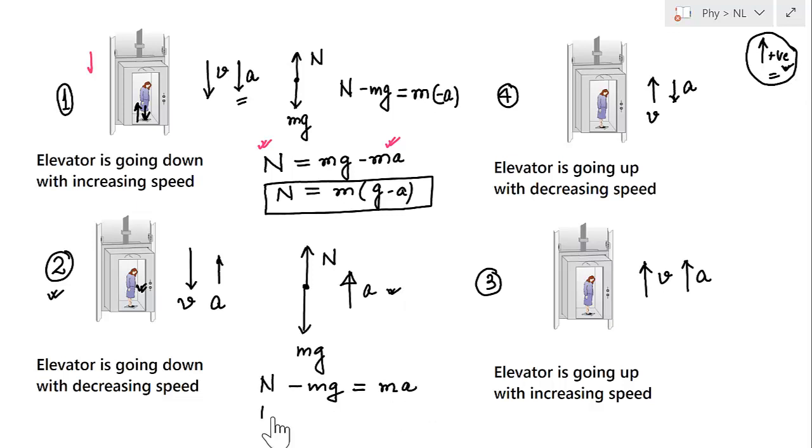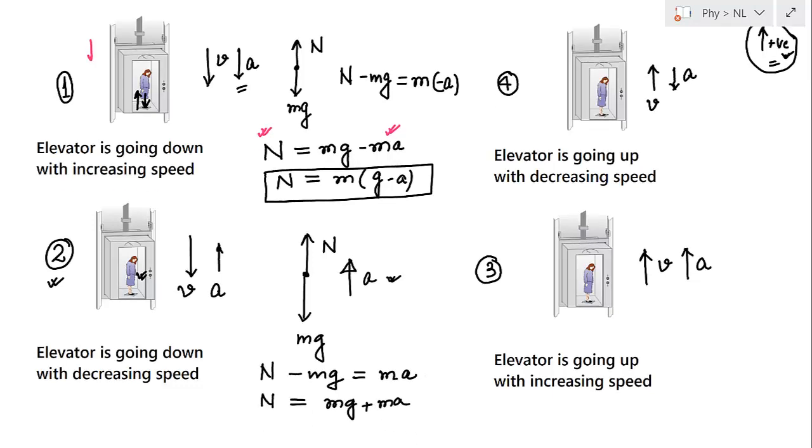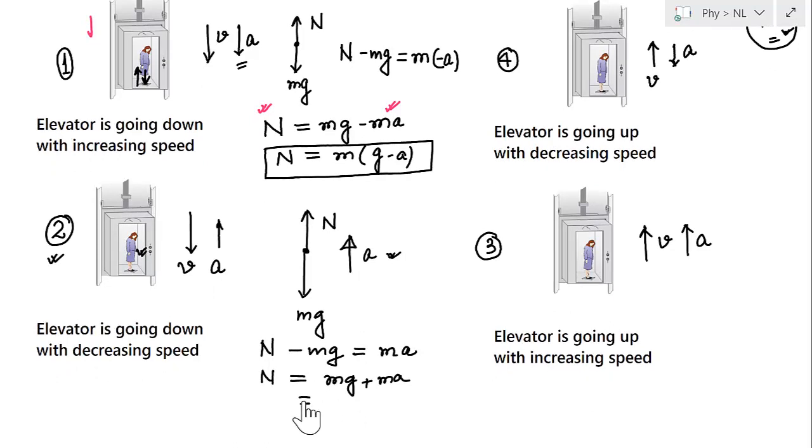So from here I can write N is equal to mg plus ma, or N is equal to m times (g plus a). So you see, in this case, she is going to experience more force, or more weight. So apparent weight in this case is more than the actual weight.